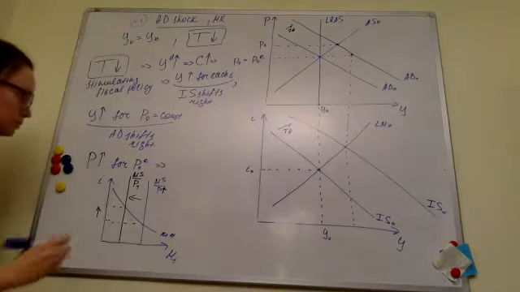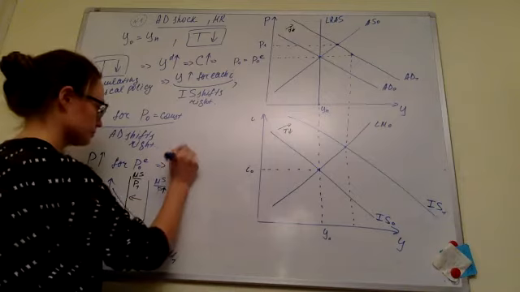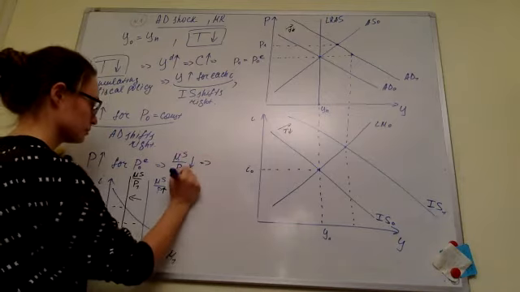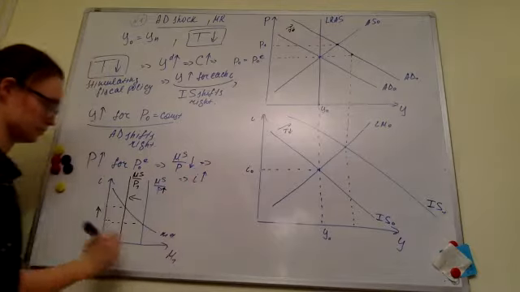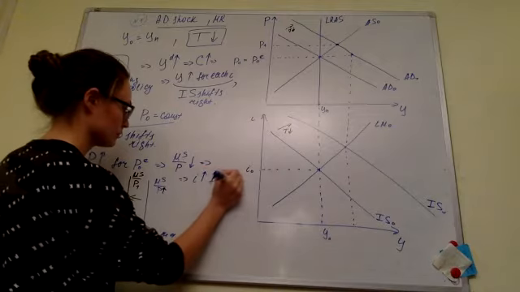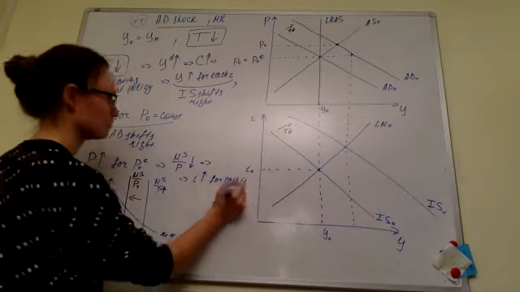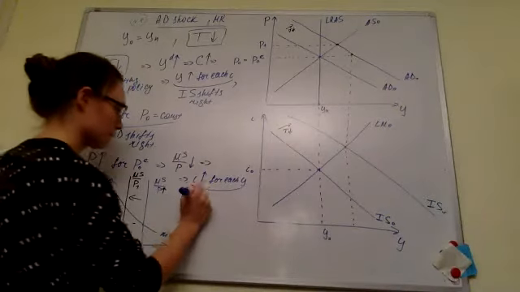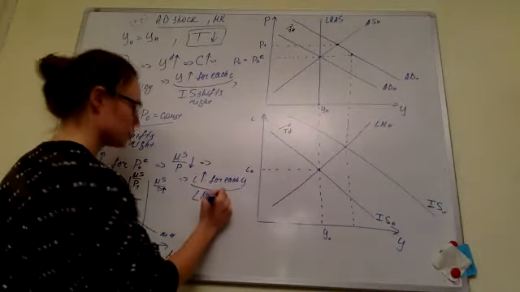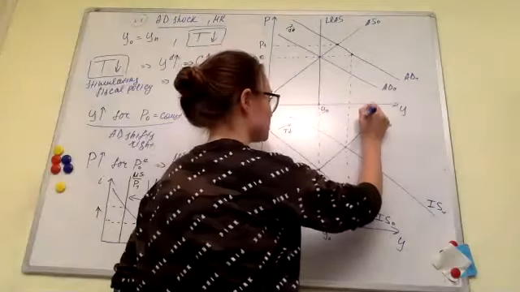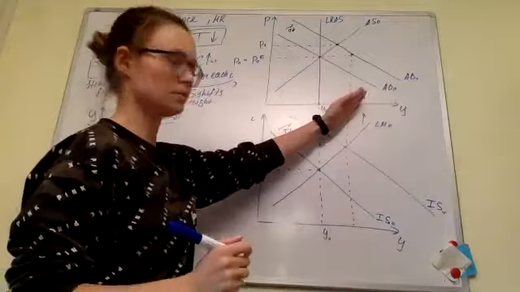And if the real money supply decreases, that means that our interest rate will increase, for each level of output. So LM shifts up because the interest rate goes up for each level of output.